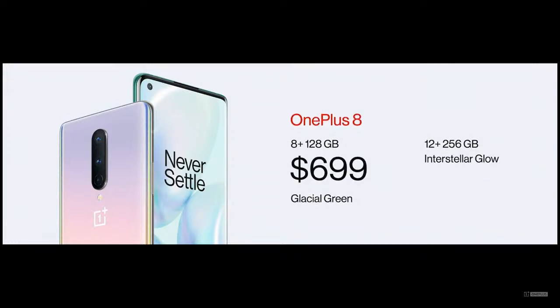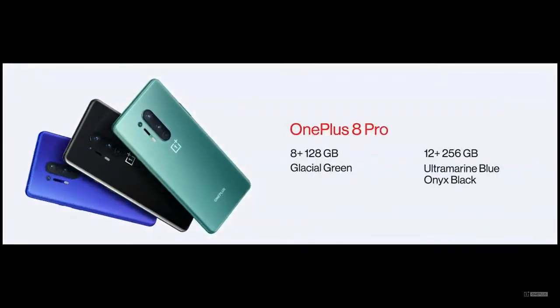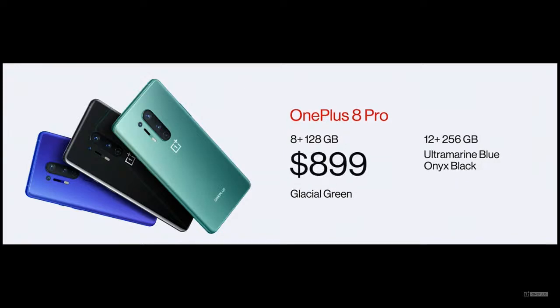And the 12 gigabyte RAM, 256 gigabyte version will be $799. And for the OnePlus 8 Pro, we also have 2 options. The 8/128 gigabyte version will retail for $899. And finally, the top spec, top performance 12/256 gigabyte version will be $999.